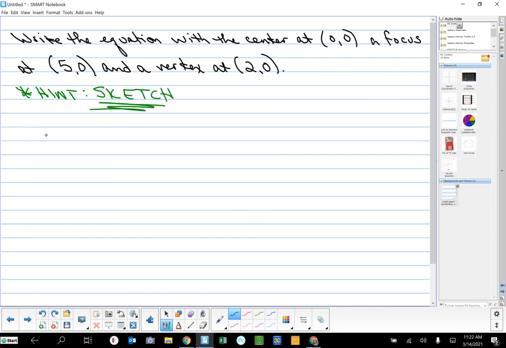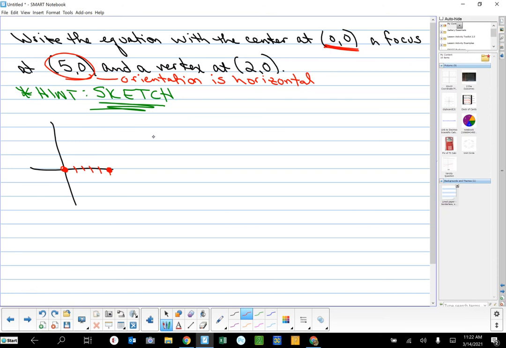Right? So here's some information they give you. Center, 0, 0. Focus, 5, 0. Well, that's 1, 2, 3, 4, 5. Well, if a focus is left and right, that tells you your orientation is horizontal, which is important because now I know that my standard form is x minus h quantity squared over a squared minus y minus k quantity squared over b squared equals 1.